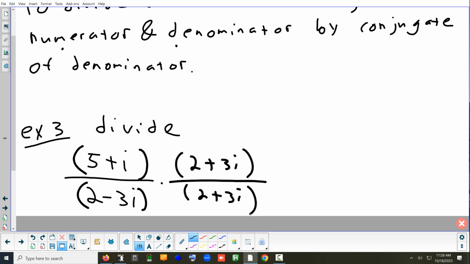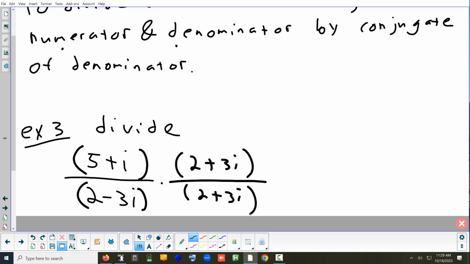Now just looking at it, I can already tell you when we do the bottom, it's going to be 9 plus 4, which is 13. And there's a way that I did that in my head. I didn't actually even FOIL the bottom. Because they're conjugates, there's a trick. But let's FOIL them, and you will see that it is 13.